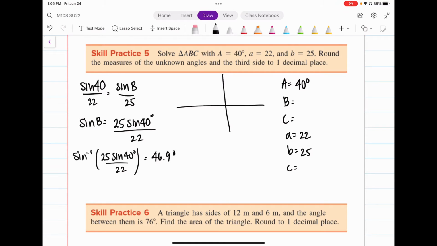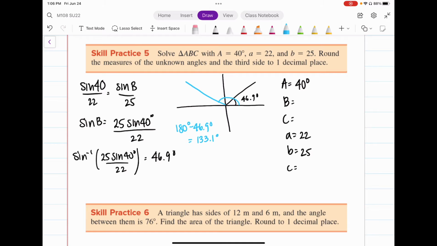Sine is positive in the first and in the second quadrants. So if we have this angle 46.9 degrees, we could potentially have another angle here that also corresponds to that value. So since this is a second quadrant angle, if we took 180 degrees minus 46.9 degrees, we would get 133.1 degrees.